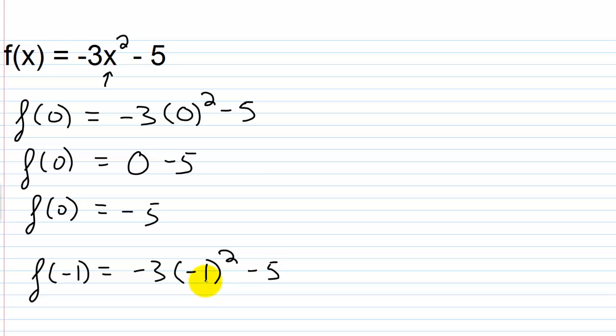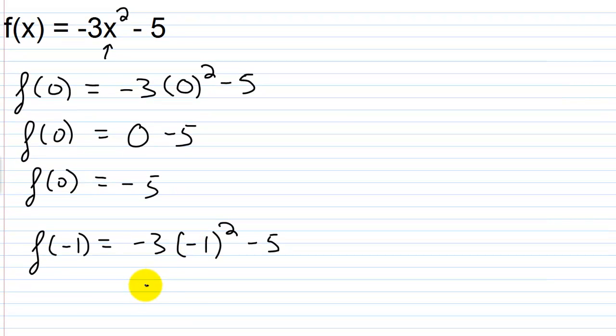If I do no parentheses here, we're going to end up with -1 times -3, and that would be wrong, right? That would end up giving me 3, whereas what I need is -3 is my answer, right? Because -1 inside of parentheses squared is going to give me 1, and then 1 times -3 is -3. So this is -3 minus 5, and that's going to give me -8.